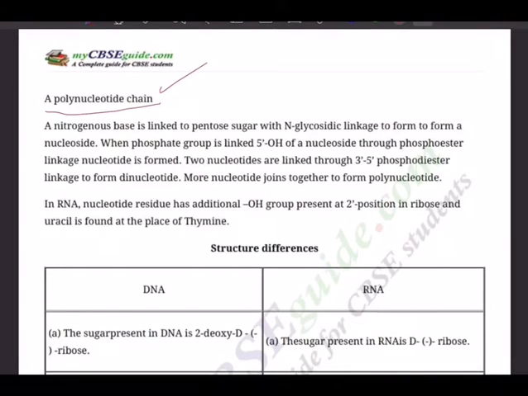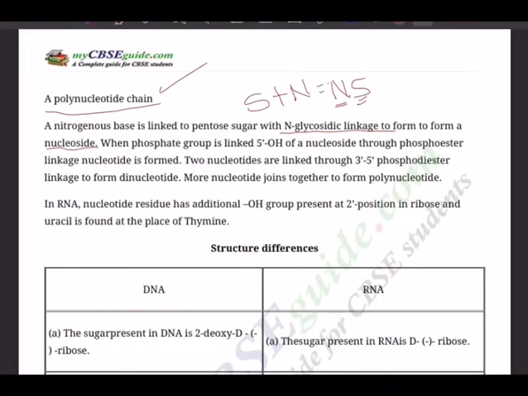A nitrogenous base is linked to a pentose sugar with an N-glycosidic linkage to form a nucleoside. So sugar plus nitrogen base is a nucleoside.